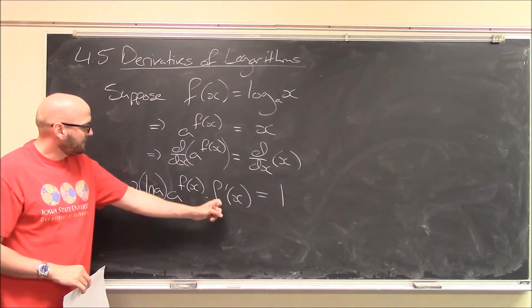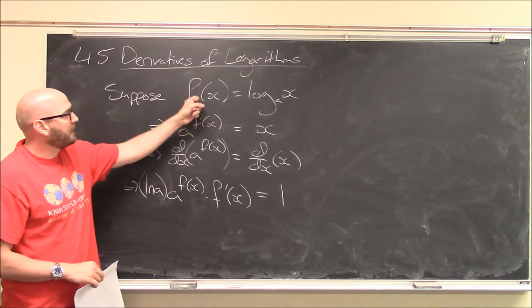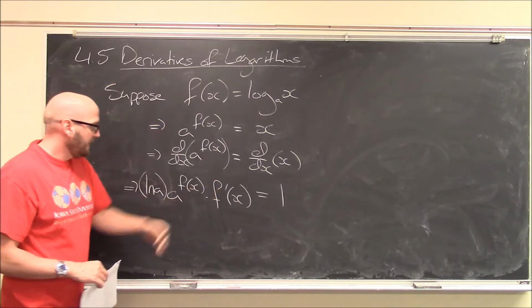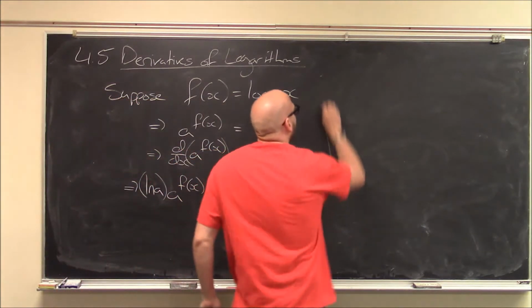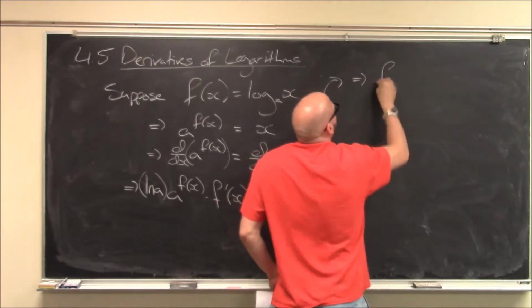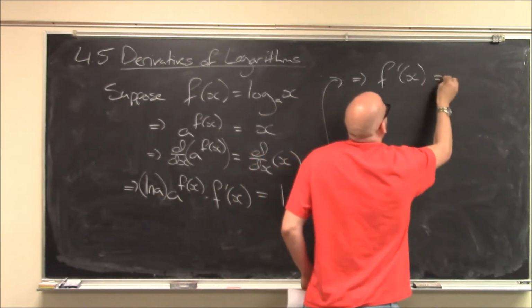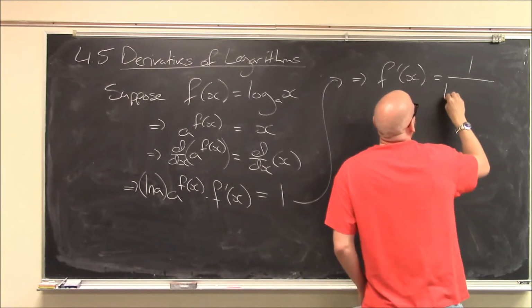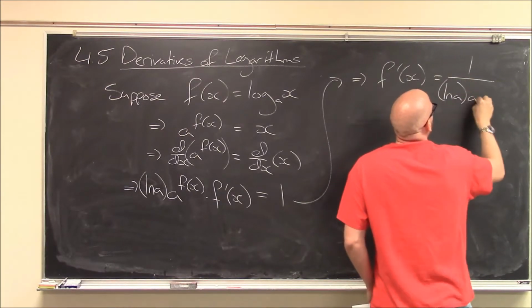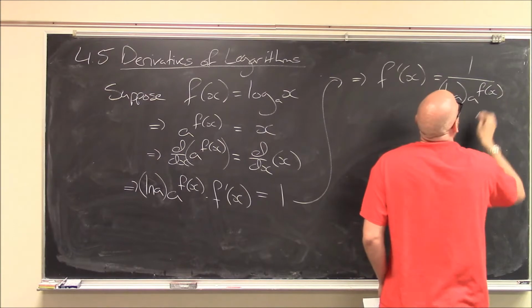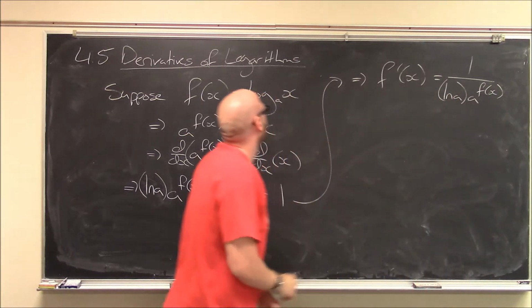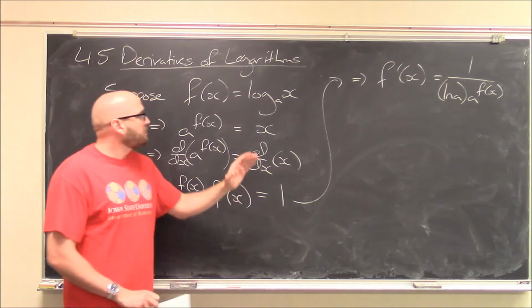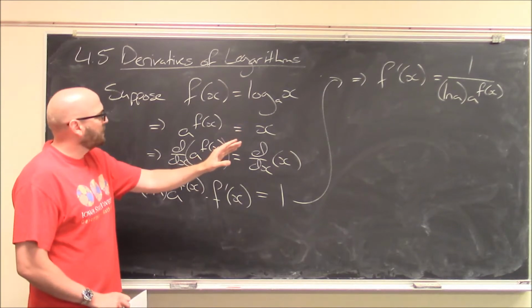Well, that means I can actually solve now for f prime of x, which is what I wanted, right? I want to know the derivative of f. If I just solve for f prime of x, that means the derivative is 1 over natural log of a times a to the f of x. And this is all true, but this is sort of an ugly form right now.